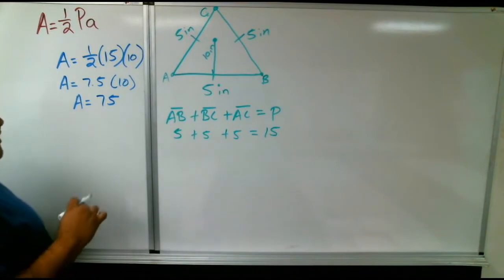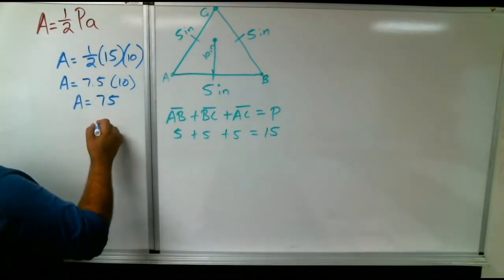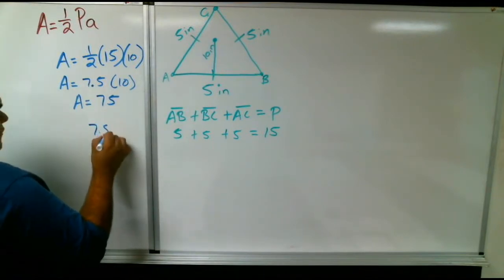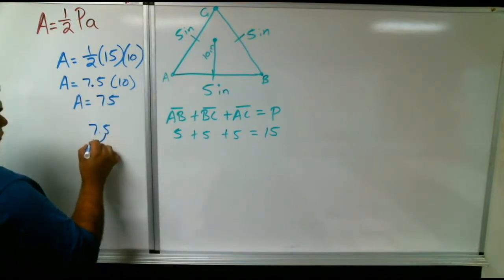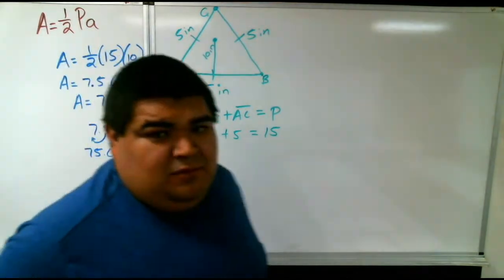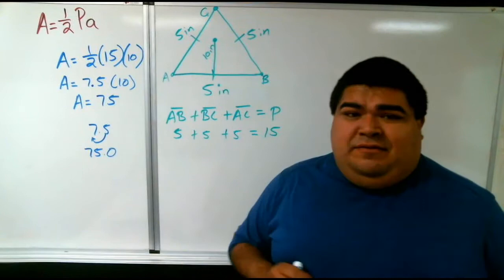Okay, you might ask yourself, why 75? Because when you have a decimal, you have 7.5, and then you're going to push a 0 in there. The 5 moves this way, so now you have 75.0. Okay, so now we have 75.